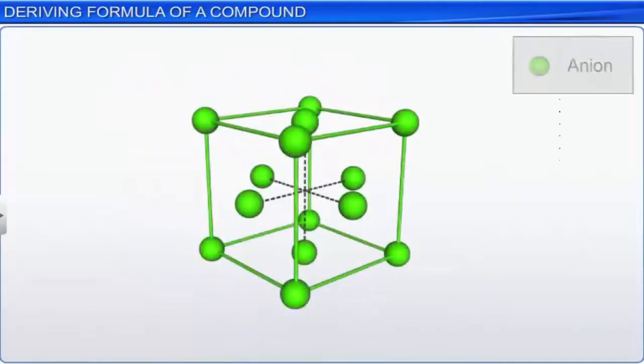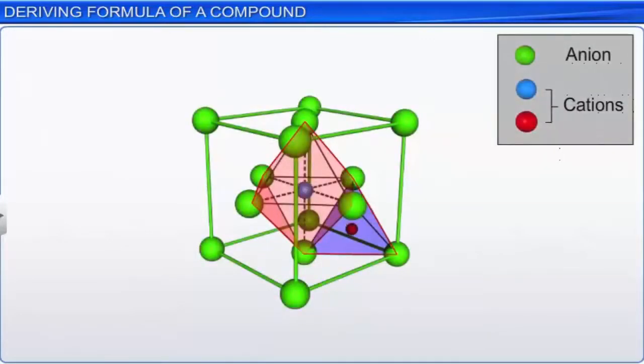Usually, the anions being larger in size form the basic crystal lattice, and the cations being smaller in size occupy the voids. A relatively small cation occupies the tetrahedral void, while a relatively bigger cation occupies the octahedral void.